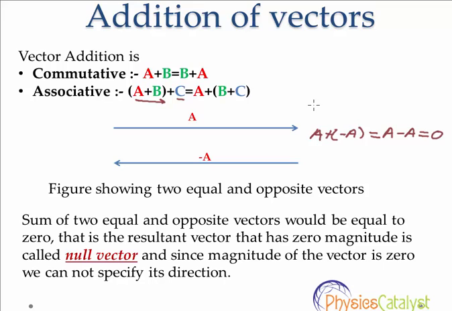This is because the magnitudes of these two vectors are the same, but they have opposite directions, and the resultant vector has 0 magnitude and is known as the null vector. Since the null vector has 0 magnitude, we cannot specify its direction.